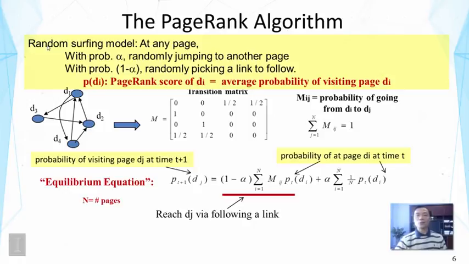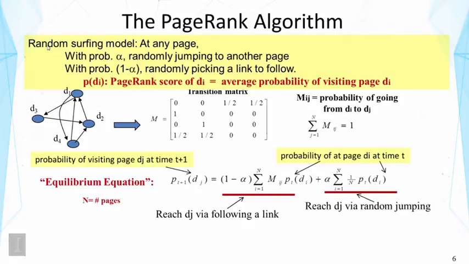And so in order to reach this dj page, the surfer must first be at di at time t, and then also would have to follow the link to go from di to dj. So the probability is the probability of being at di at time t multiplied by the probability of going from that page to the target page dj here.